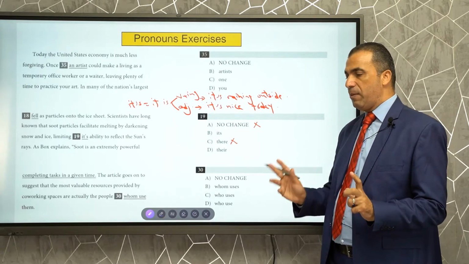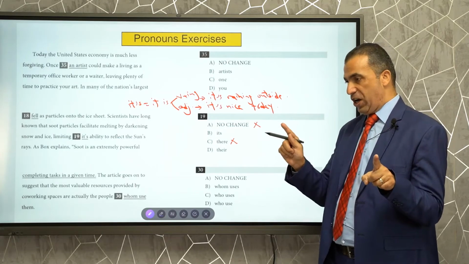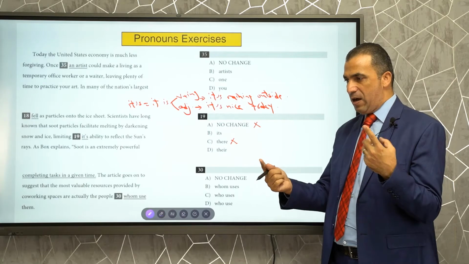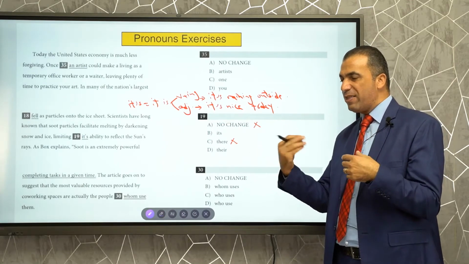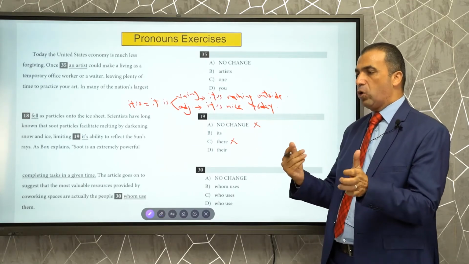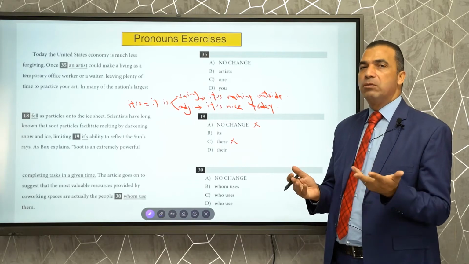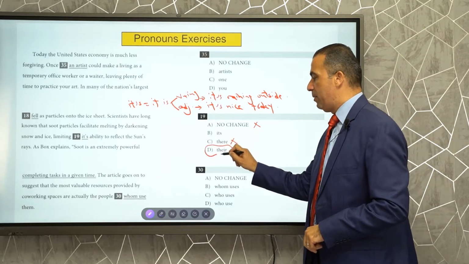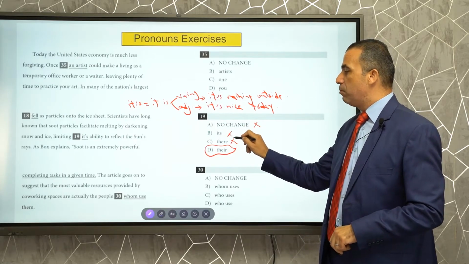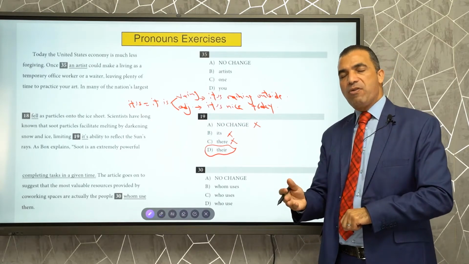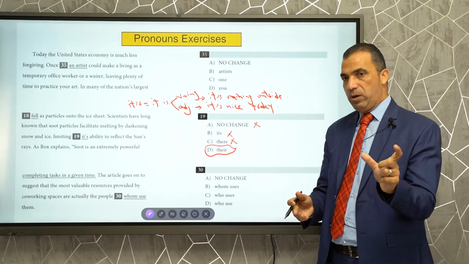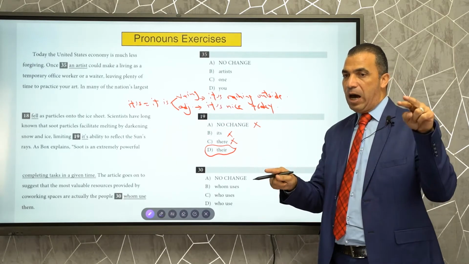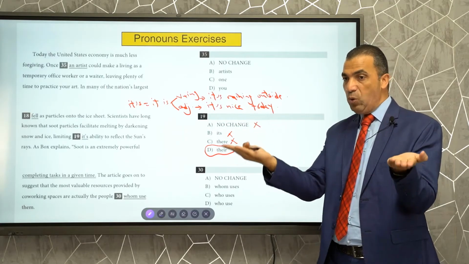You are talking about snow and ice. Can I say, talking about snow and ice, referring to them by its ability or their ability? You got it. Very good. I'm saying their ability. Why not its? Because its is used with a singular noun. But here I'm talking about a plural noun, snow and ice, two things.